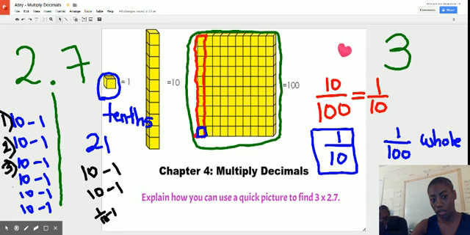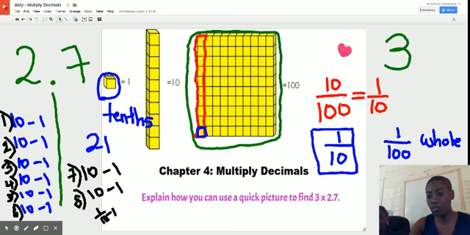Count with me. 4, 5, 6. And then the other 2. Very good. The other 2 over here. 7, 8. So the whole number for our answer is 8. And what's the decimal? 1, which really means 1/10.